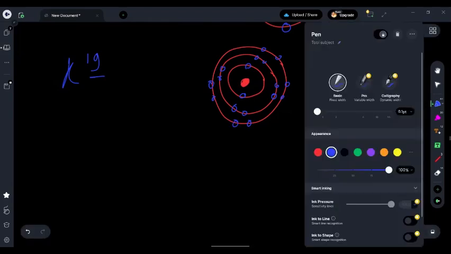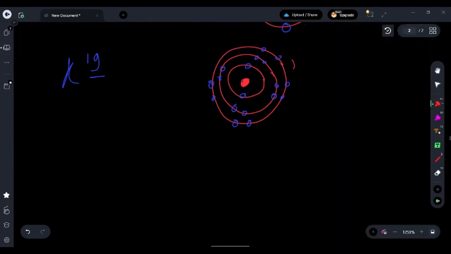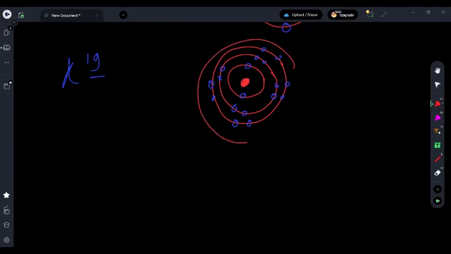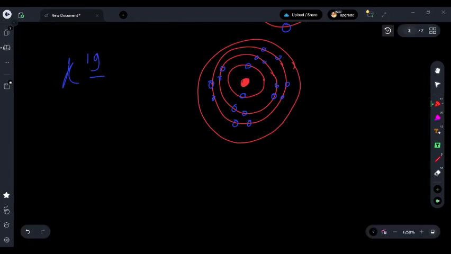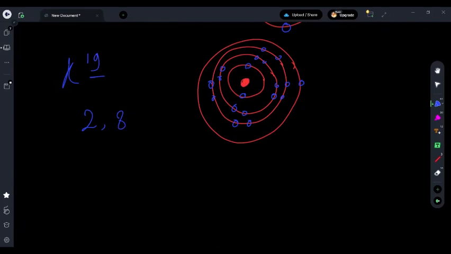Okay? The last shell will take just 1 electron, because 1 electron will remain for us. So the electronic configuration for that right now is going to be 2, 8, 8, 1. Okay?